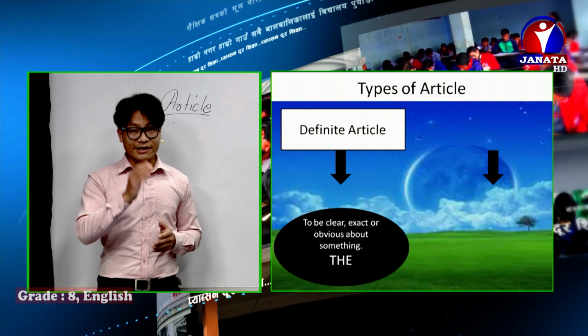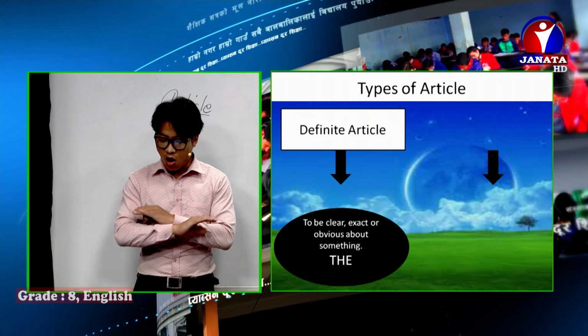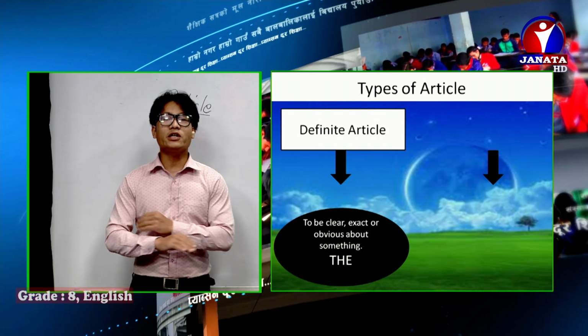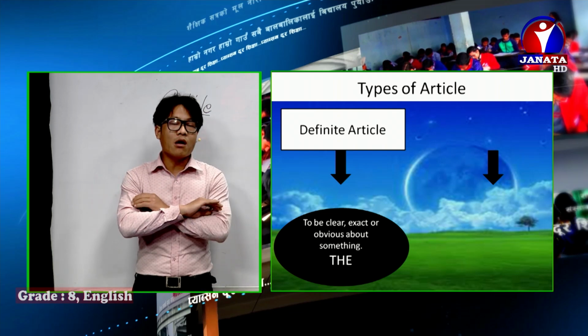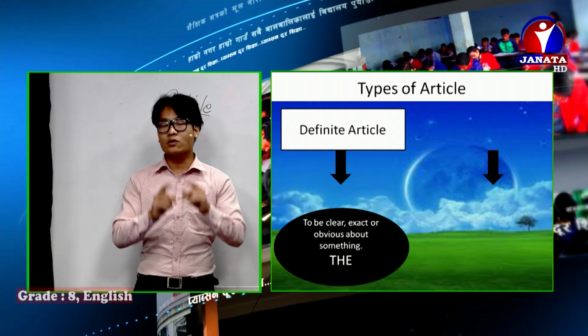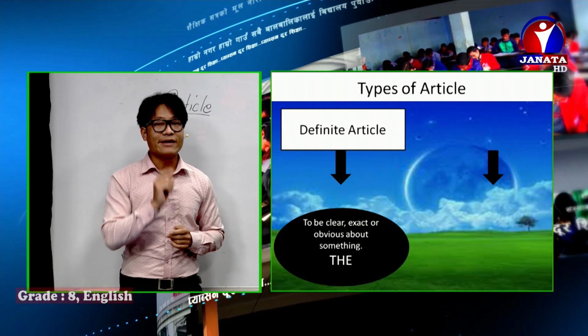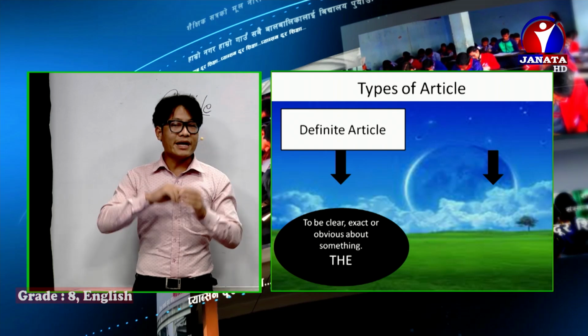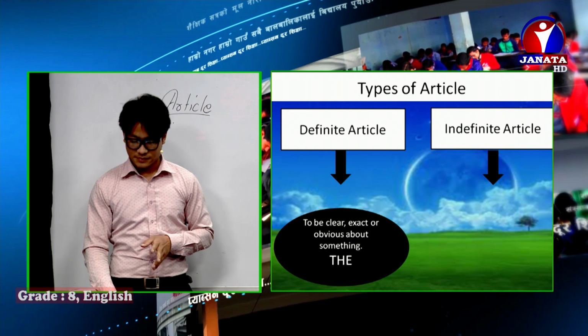You can see there, to be clear, exact, or obvious about something. When you are clear, exact, or obvious about something, at that time you should use the article, and it is definite article.